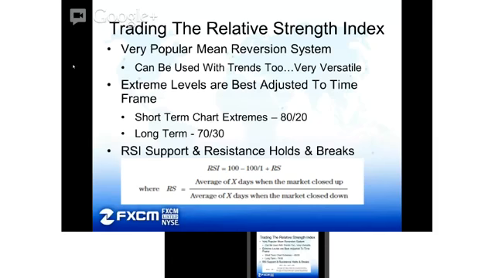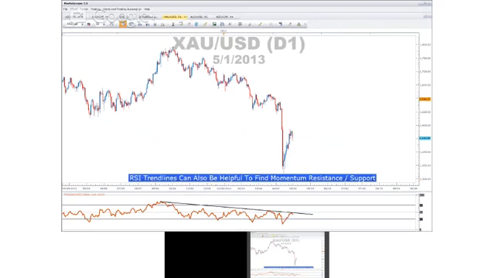But what I wanted to show you here on this chart is that you can draw trend lines of RSI, and it's interesting to see how price reacts to those trend lines. So obviously we had this sharp sell-off in gold a few weeks ago.